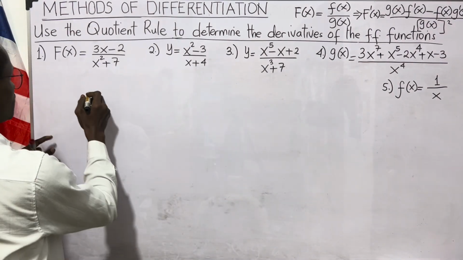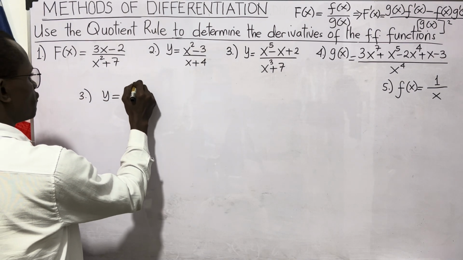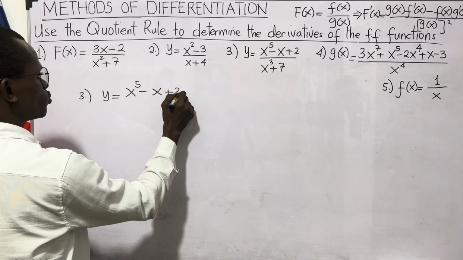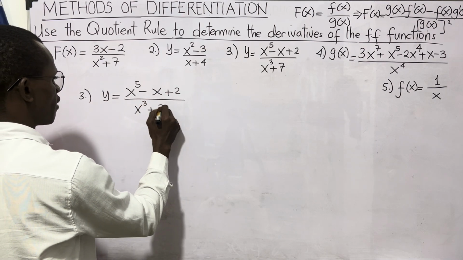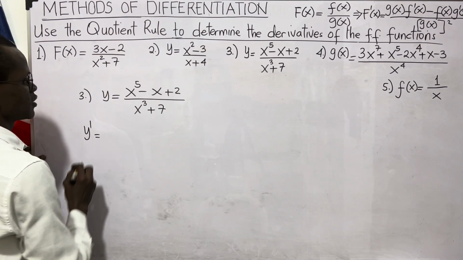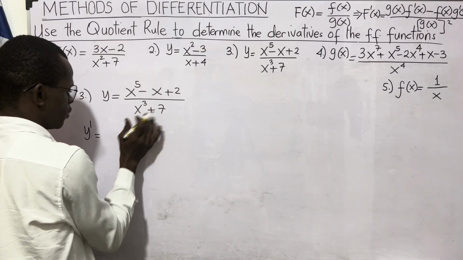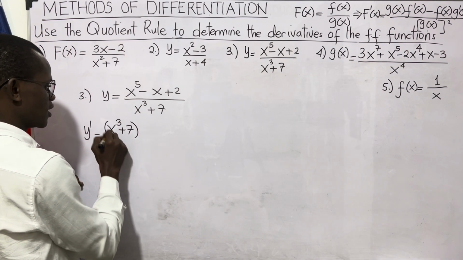So question 3 says y equals x to the 5th power minus x plus 2, all over x to the 3rd plus 7. Again, we say y prime equals this denominator, we hold it. That is, we just rewrite it.